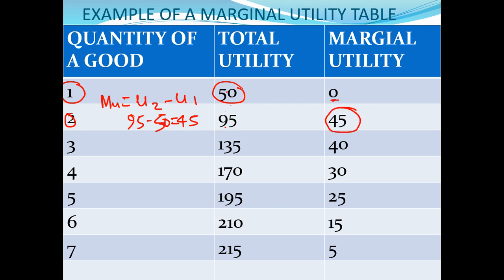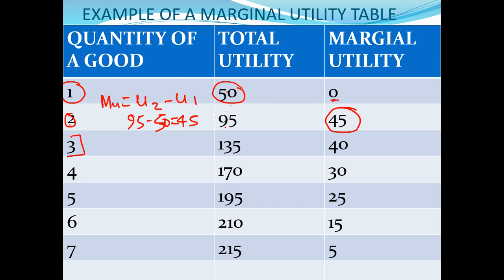It's just the current one minus the previous one. So if the current one is 95, because you're consuming 2 units, initially your total utility was only 50. Therefore, it means that the marginal, what this extra unit has added to total utility, is 45 utils. Then you consume the third unit, your total utility increases from 95 to 135.